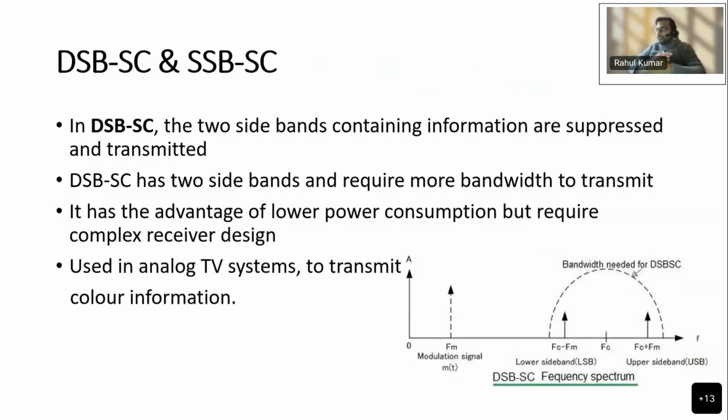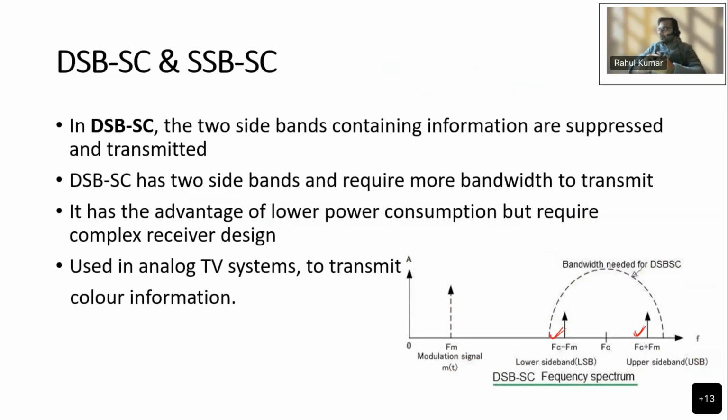Now in the case of DSB-SC, that is double sideband suppressed carrier, the two sidebands, that is your lower and upper sidebands, are compressed and transmitted.